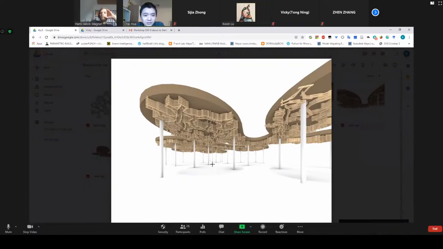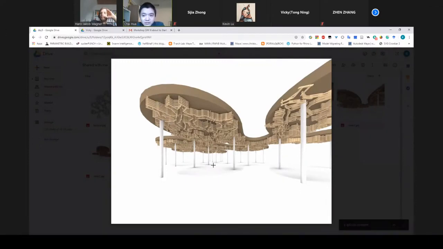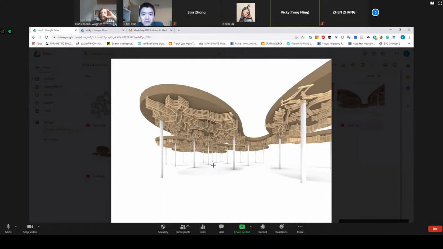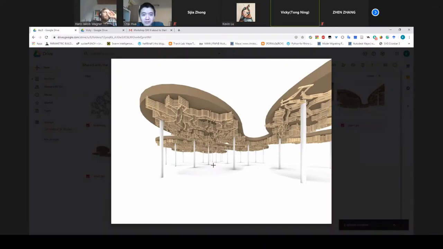But it looks like most of the beams are the same height. Is it possible to remap the density parameters in the script, so that we can have more contrast in the layering of the beams? Yeah, I think that would be great, actually.